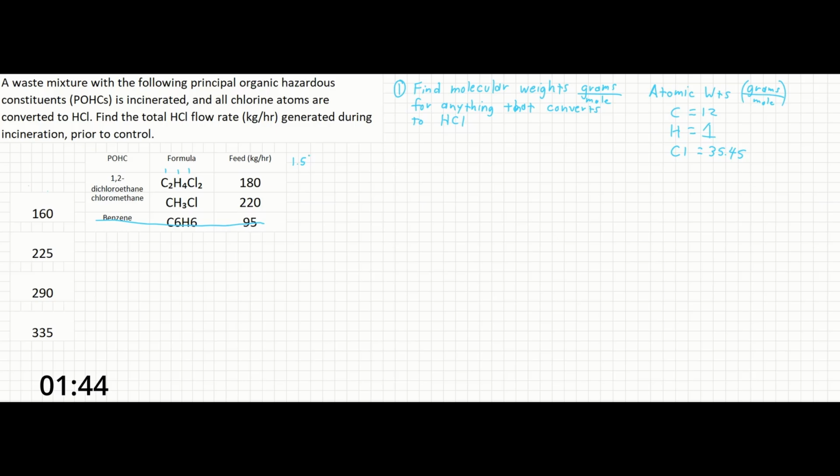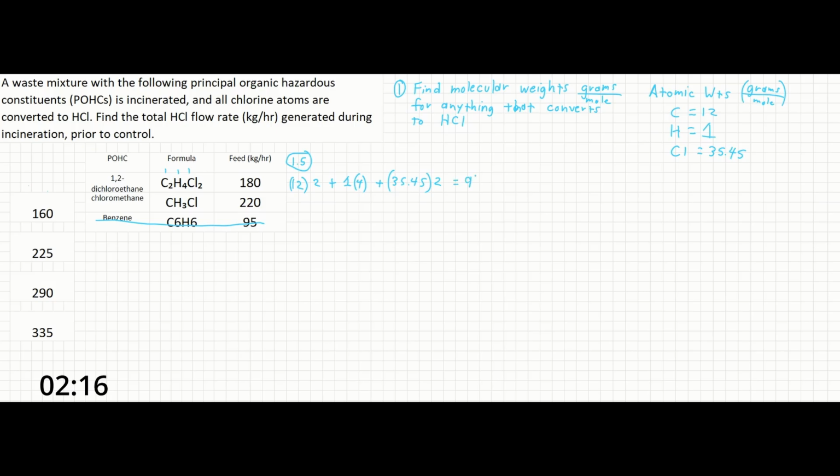Let's fill in the rest in the existing table below. So we have 12 grams per mole times 2 Cs plus 1 gram per mole of H times 4 of those plus 35.45 grams per mole times 2 for Cl.